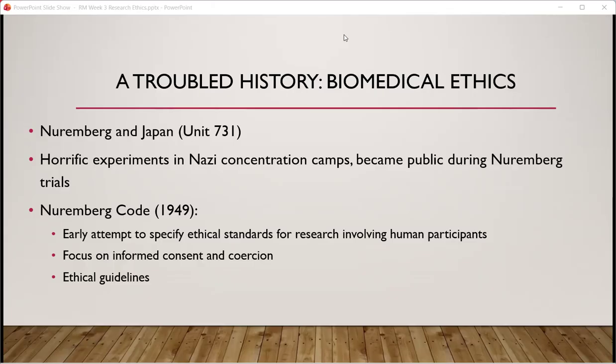But it was really focused specifically on research and that there needed to be informed consent and no coercion, that people were free to choose or stop at any time. It was really codifying ethical guidelines for researchers who did research or work with human participants across the globe.